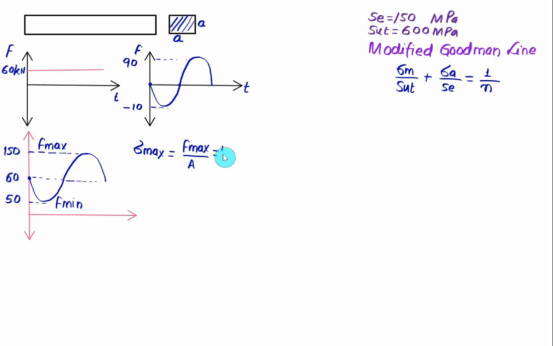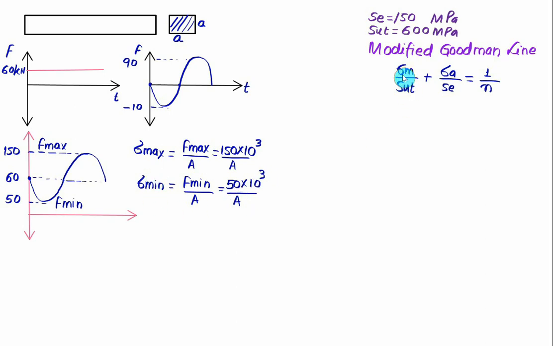So this value is 150 into 10 to the power 3 divided by the area A. Similarly, the minimum stress will be the minimum force divided by the area A, and this time the minimum force is equal to 50 kilonewton. So we have 50 into 10 to the power 3 divided by the area A.